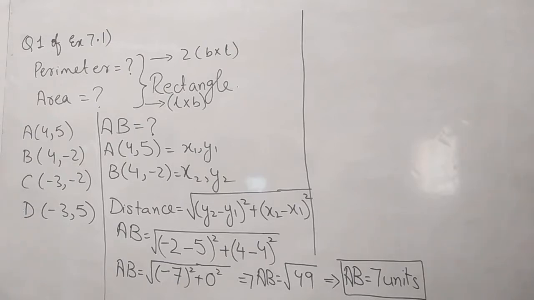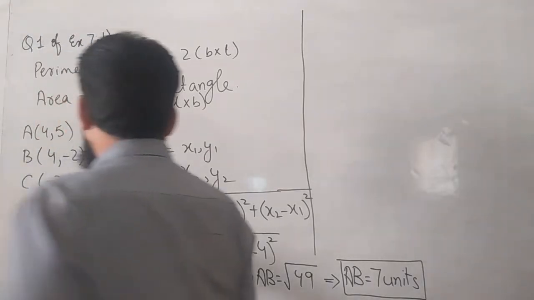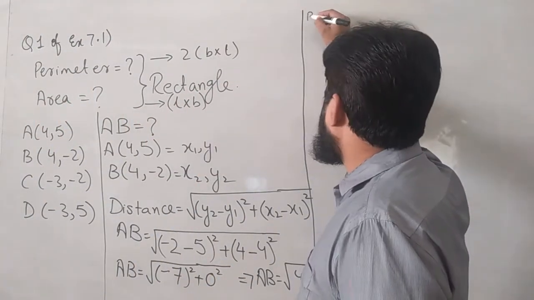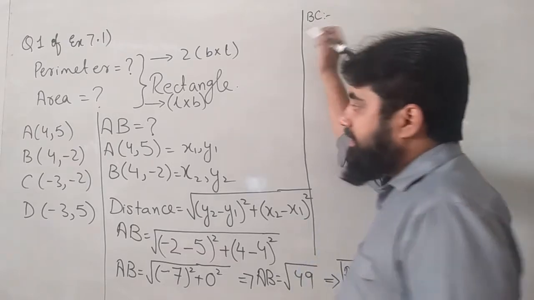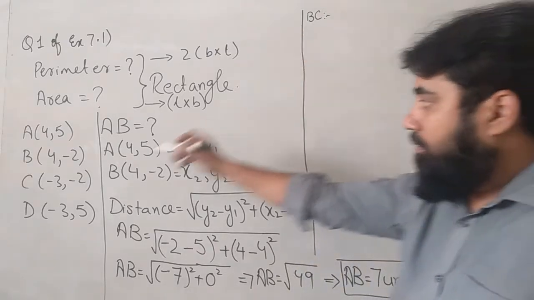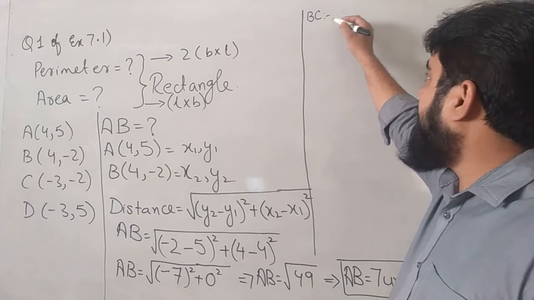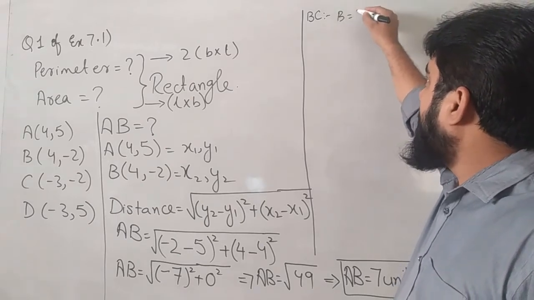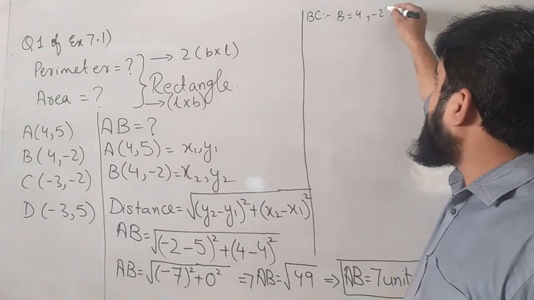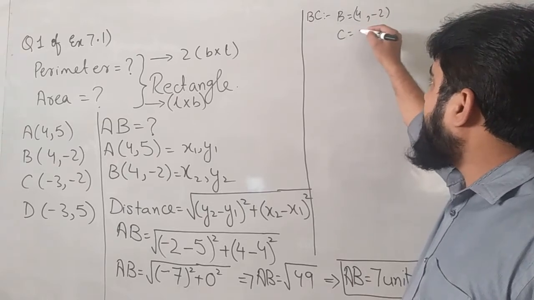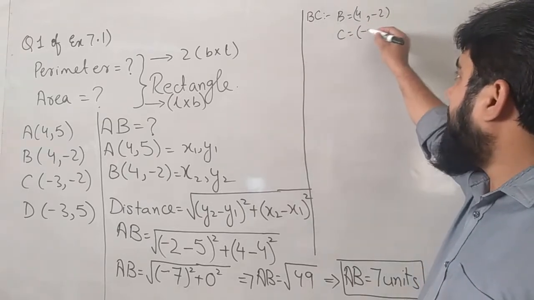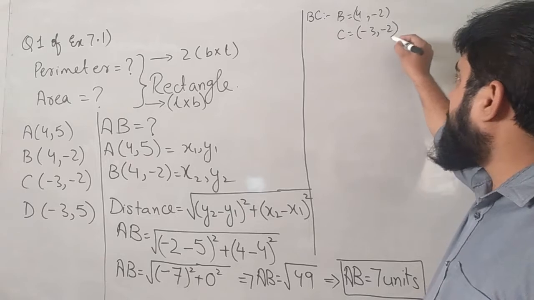Now I am going for BC coordinate. What's your B given? B is given to me as 4 comma minus 2 and C is given to me as minus 3 comma minus 2.